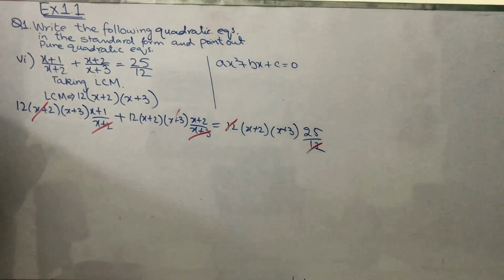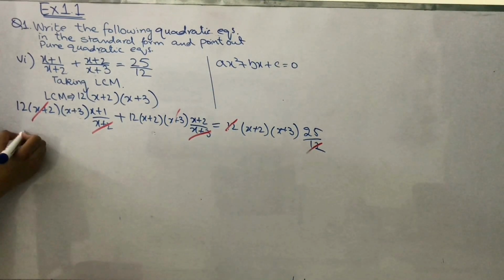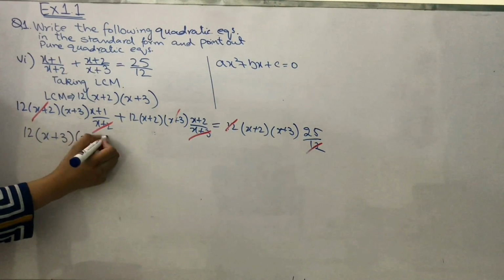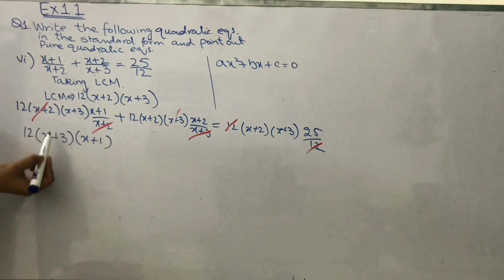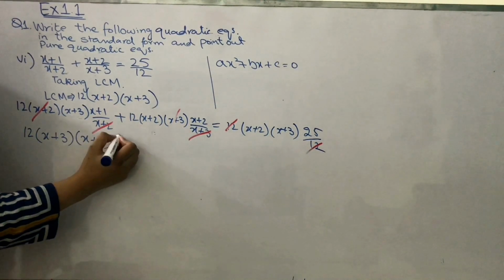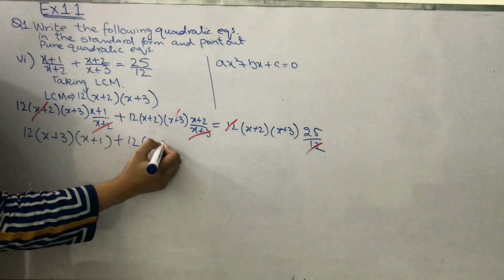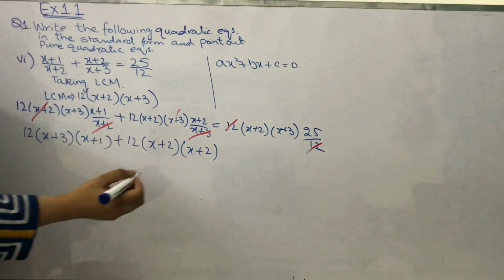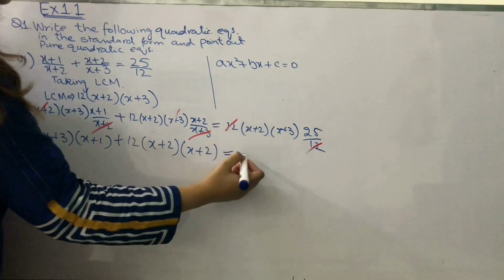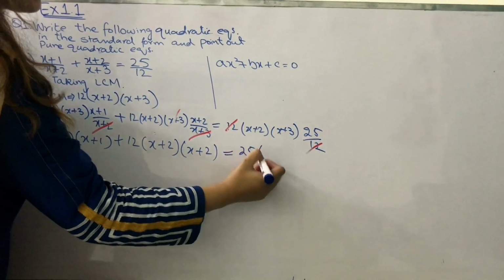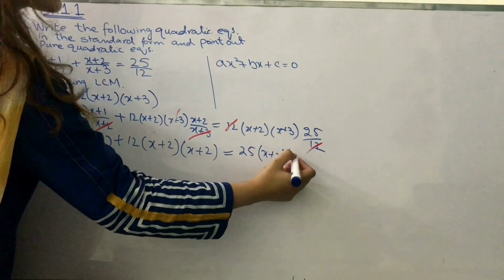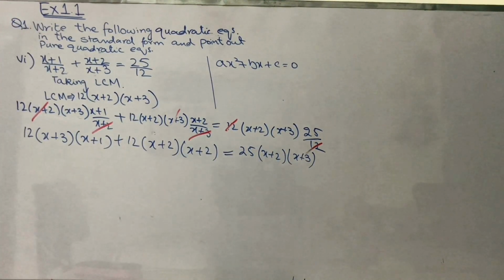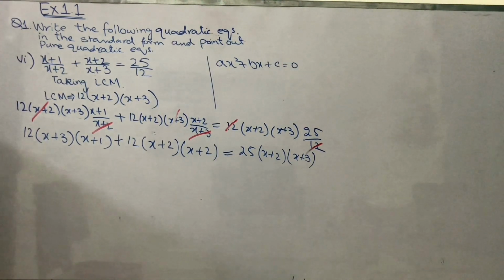So I'm going to be left with 12 into x plus 3 into x plus 1, plus 12 into x plus 2 into x plus 2, equals 25 into x plus 2 into x plus 3, right? I hope that you don't have any problem till here.